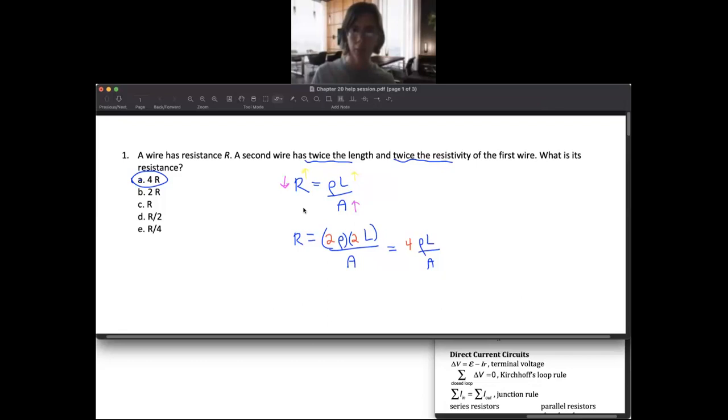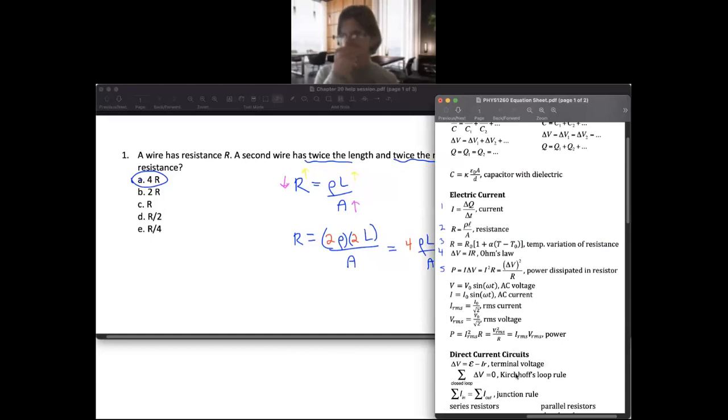Any ideas? Do you see another equation that might be related to this? What's another way to increase resistance?